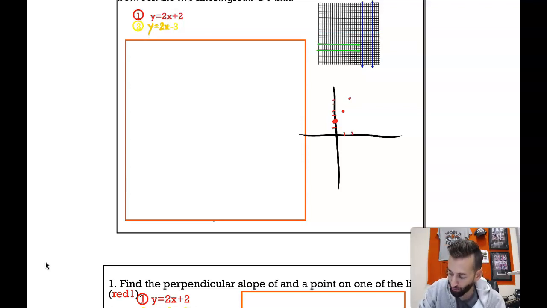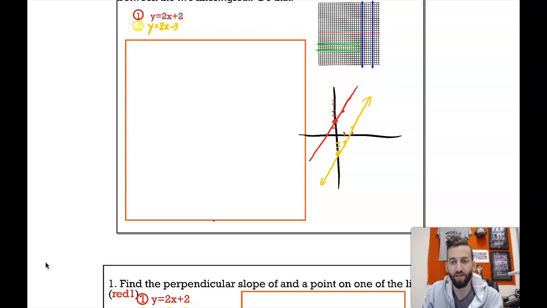Doing these on graph paper is 10 times better than what I'm doing right now. All right? And the reason I say that is because if it's on graph paper, everything's going to become a little more crystal clear for us. That other line starts at negative 3 and goes up 2 over 1. Up 1, 2 over 1. So it looks like this.